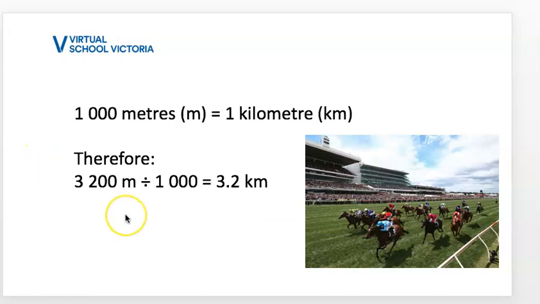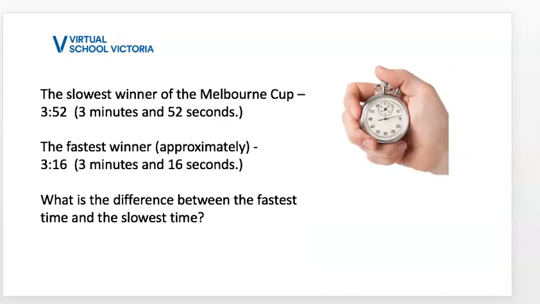The other way to do it is to just take your 3,200 metres, divide it by 1,000, and you will get 3.2 kilometre track.